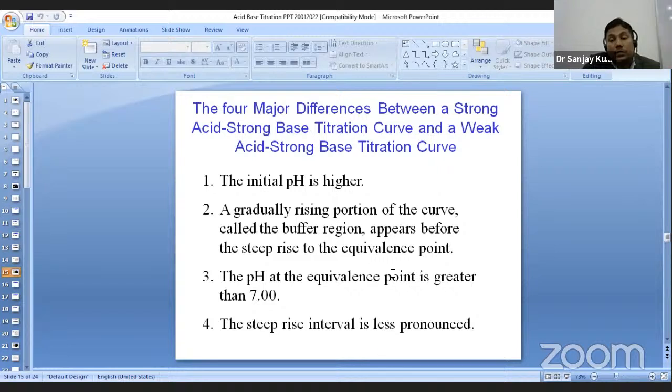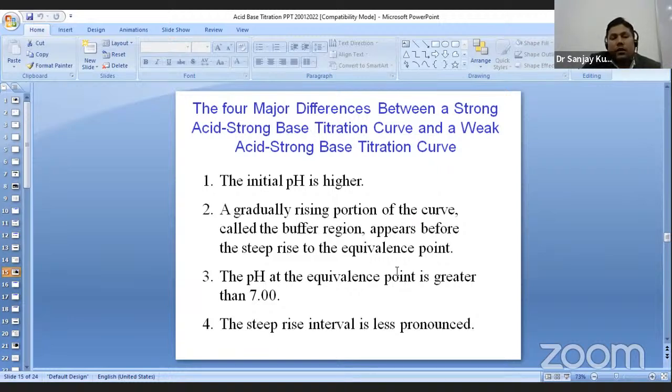In a strong base versus strong acid titration, the initial pH is 1, but here the buffer in a weak acid strong base titration will increase the pH from 1 to 2.5. So automatically, in place of the neutral point, which is pH 7 for strong acid strong base, the buffer already takes it to 2.5, so it will increase beyond 7, to 8.8 or 9.